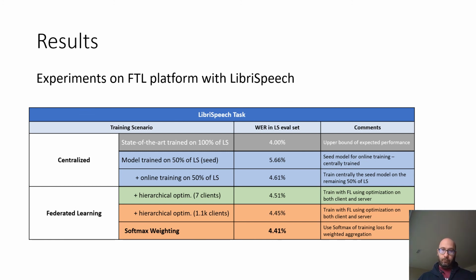With the seed model trained on these segregated data partitions, the resulting model yields 4.45% when all aggregation weights are equal. Additional improvements in performance are yielded with the softmax weighting, with a relative improvement of 6% in word error rate. All models are trained till convergence, however different models and approaches require different number of iterations till that convergence.